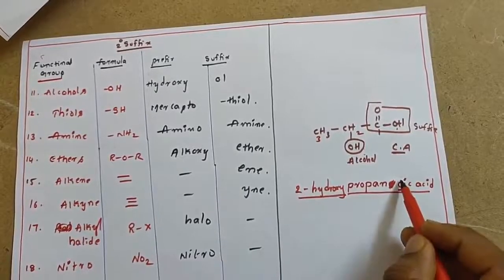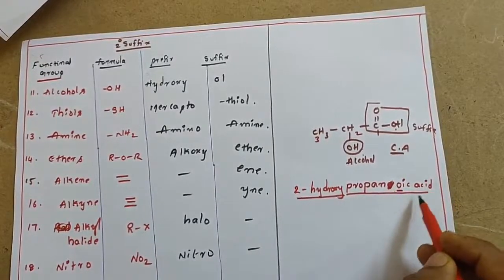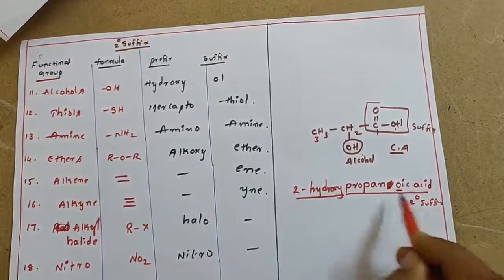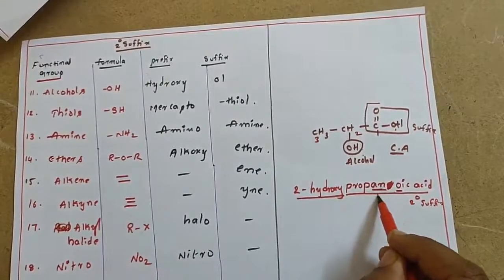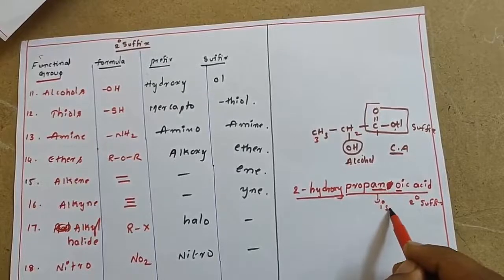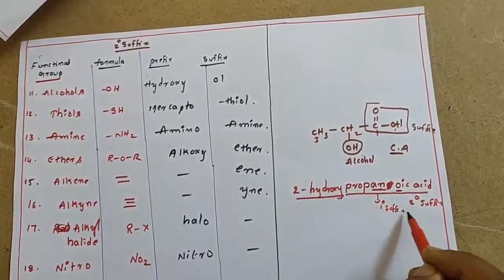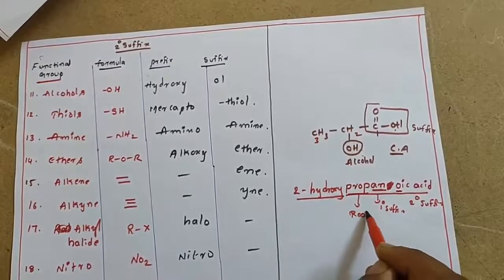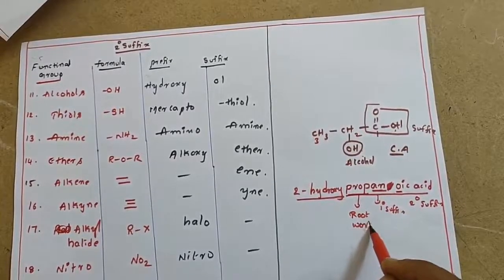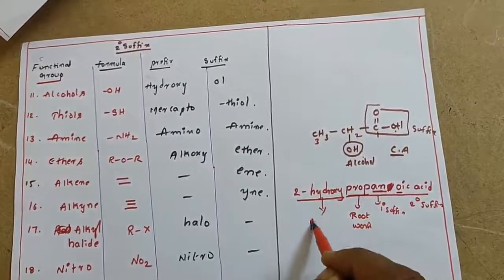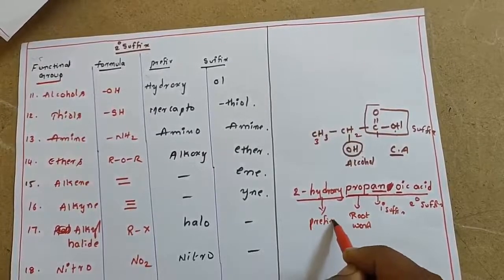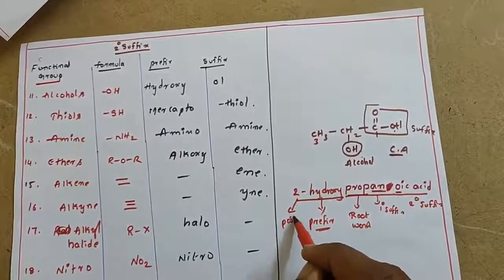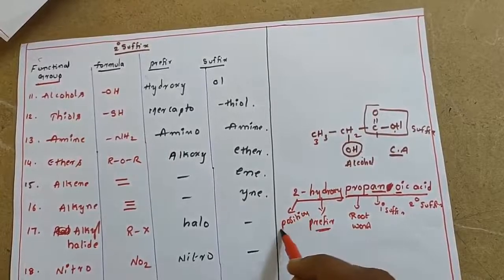Okay, so here this is called the secondary suffix, and this is called the primary suffix, and this is called the root word. This is called the prefix, and this is called the position of the prefix.